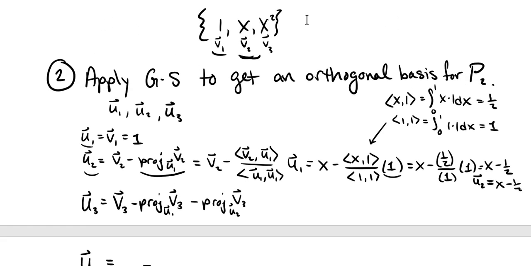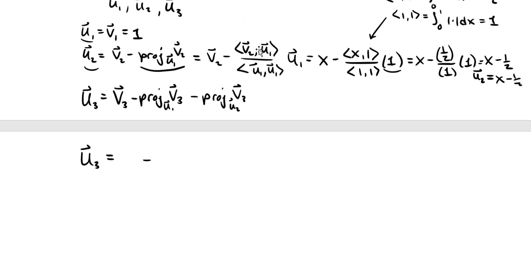Remember, kind of running out of space here. V3 is x squared. That's this guy up here. So this is x squared, that's V3, minus the projection of x squared onto 1, minus the projection of x squared onto u2, which was x minus a half. The notation's getting kind of clunky here. Let me make some space. The projection of x squared onto x minus a half, because x minus a half was u2.